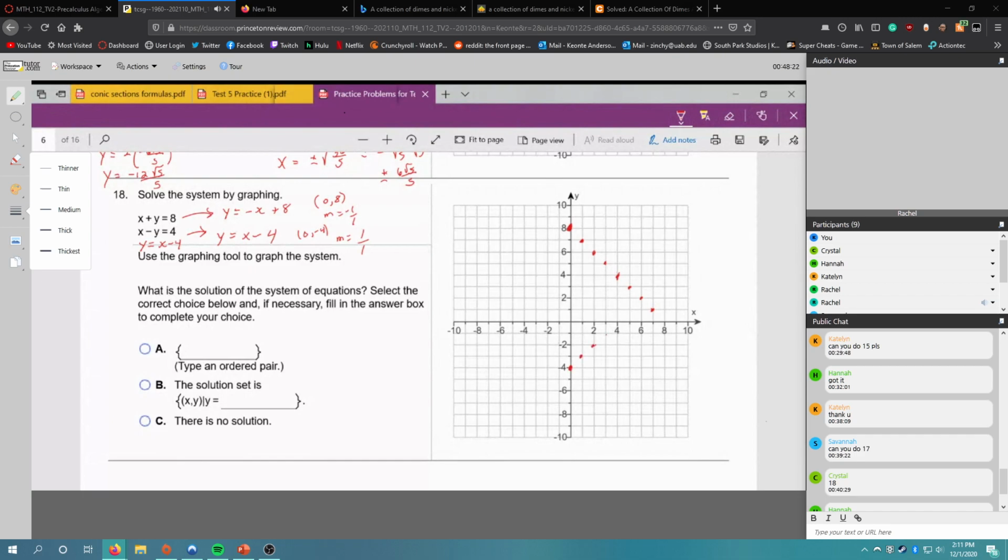I'm just doing these points so I can see where they intersect. But again, the good part about MATLAB is if you can get 2 points, then it'll graph it for you. So right there is your solution right here. So 6, 2.